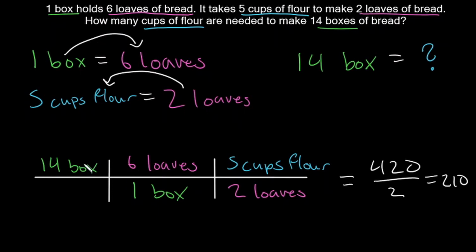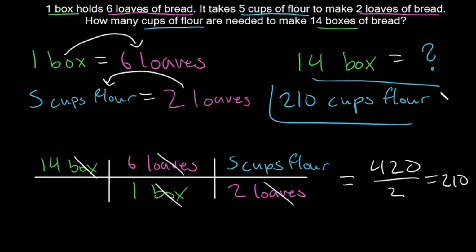We need to make sure our units worked out properly. We can cancel boxes, because we have a box in the numerator and the denominator, and then cancel loaves, because they're the same thing, and then we'll be left with cups of flour. So our answer, just like what we were looking for, is going to be in cups of flour. So it will take 210 cups of flour to make 14 boxes of bread.